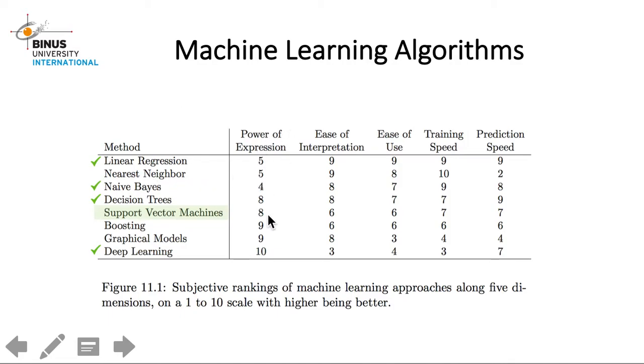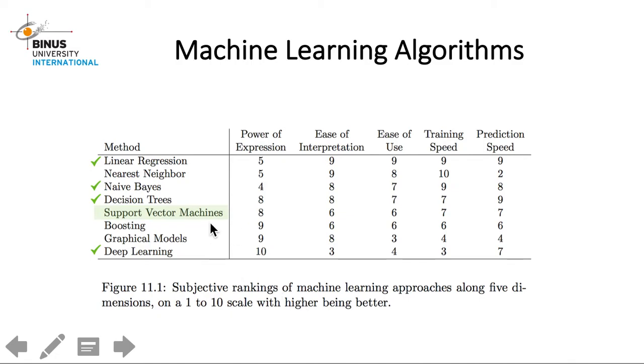In terms of the power of expression, the winner is deep learning because you can use deep learning to solve very high dimensional data. But for other aspects like ease of interpretation, ease of use, training speed, prediction speed, linear regression has the highest number. This is the scale from 1 to 10.